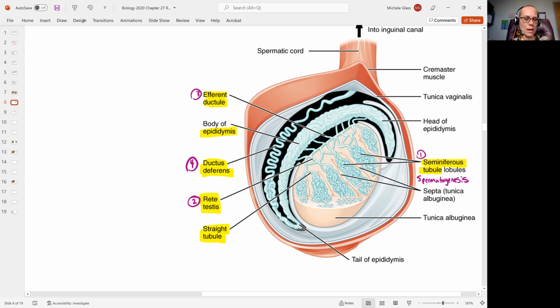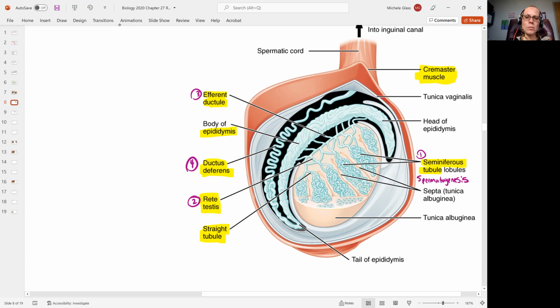And we see that then exiting the scrotum and moving into the pelvic cavity. Notice in this diagram, we do see that cremaster muscle labeled here as surrounding this outer portion of the scrotum.